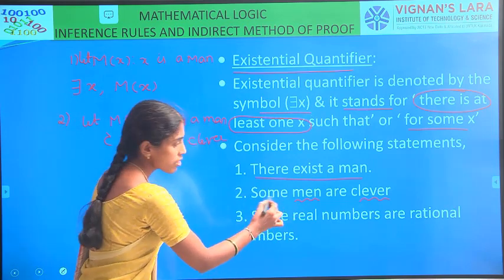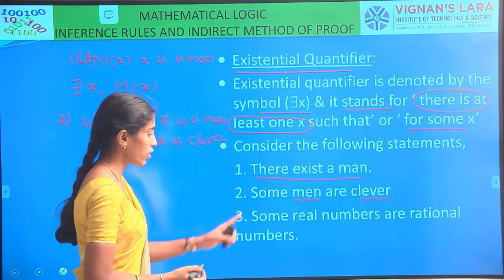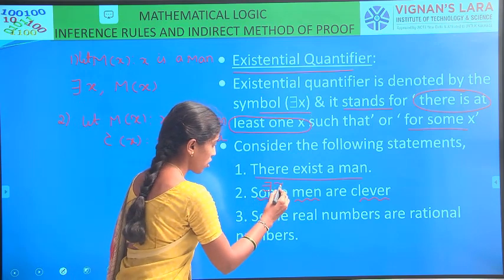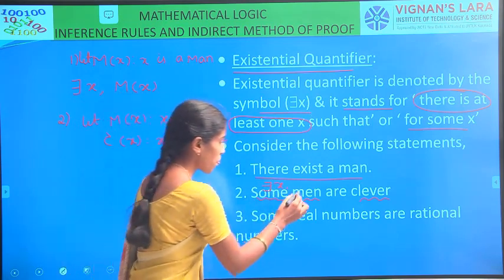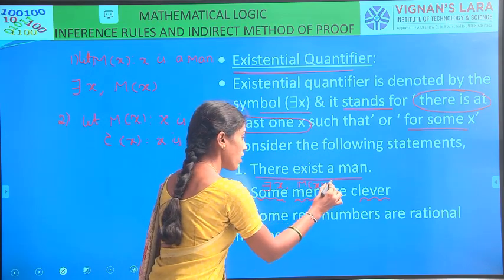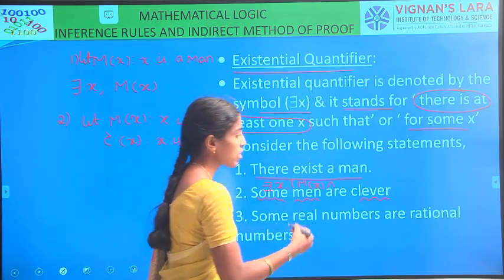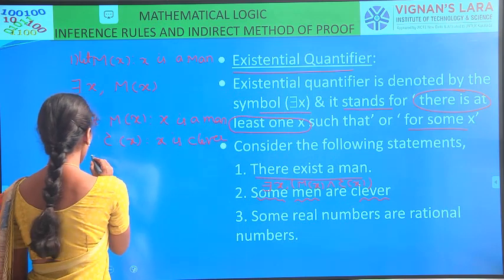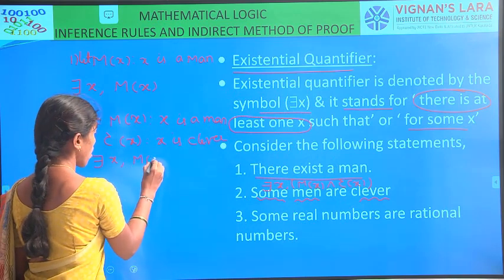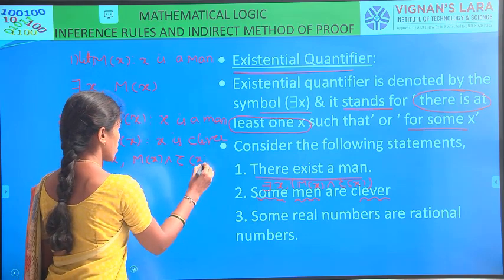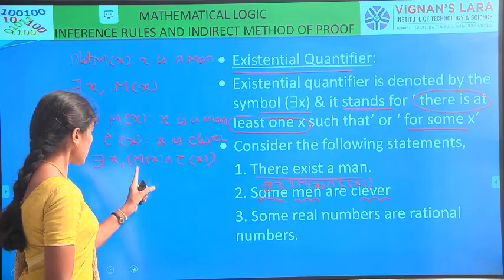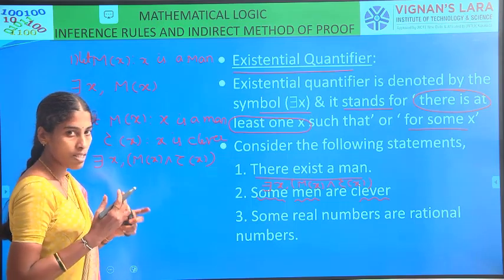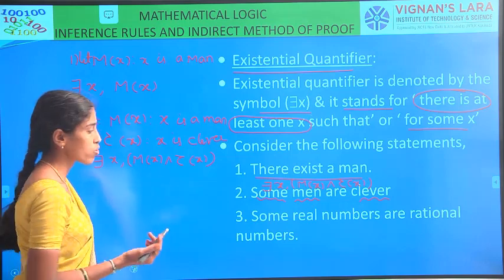So to represent this second one using the predicates and quantifiers, because some is there, the meaning of some is there exists x. Who is this x? x is a man, so m of x. And what is his property? He is clever, so c of x. So what is the second one? There exists x, m of x and c of x. Now see, x is a man and x is clever. There exists some person who is a man and he is also clever.